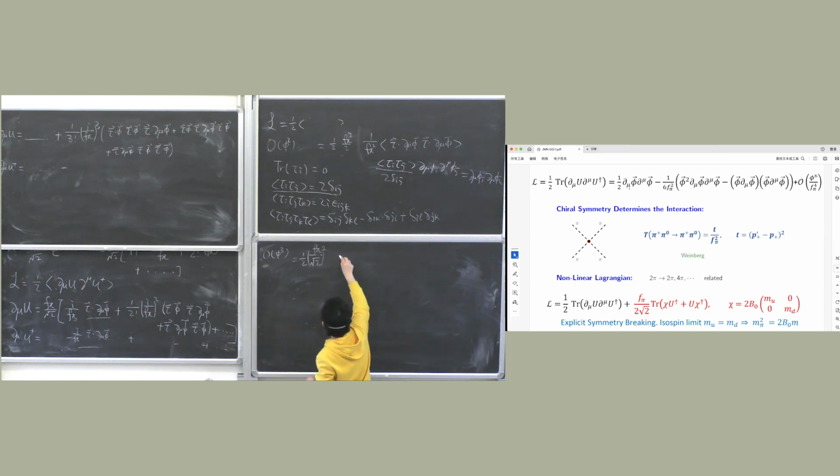And f pi I tau partial mu phi times this one. This one is, so here should be a minus sign. And the other fields.